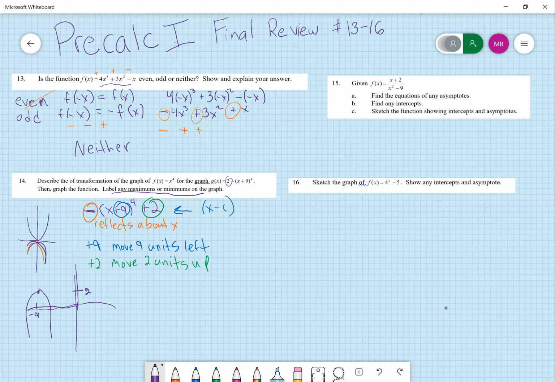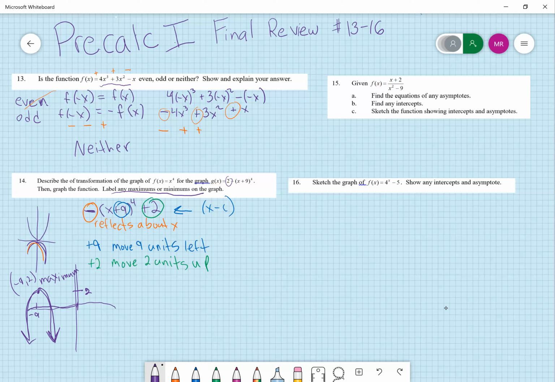So -9, comma 2 is our maximum. And our graph will look something like that. So to describe this transformation, we just went through each piece of what we knew was happening. And voila, there we go.